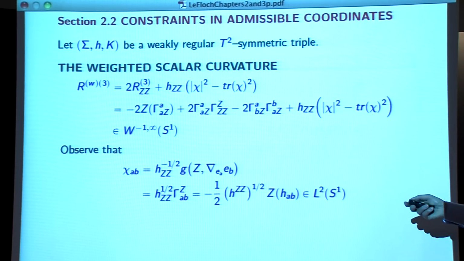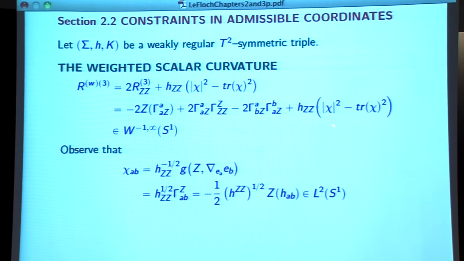You remember that the scalar curvature has a weight, and it was defined by this relation here, and this is the details of that. So this is a formula that we had found before to define the weighted scalar curvature, and we need now to compute. So how do we use that, right? We use that by writing explicitly the Christoffel symbols, and we had the formula already given before.